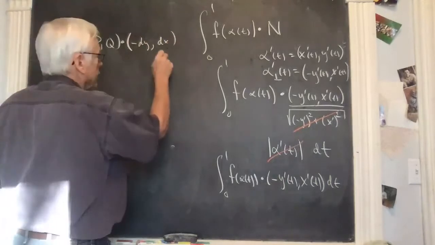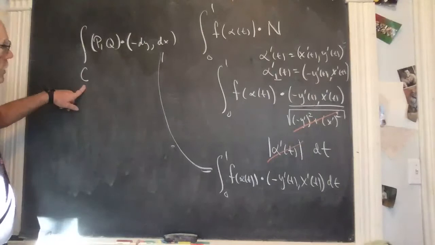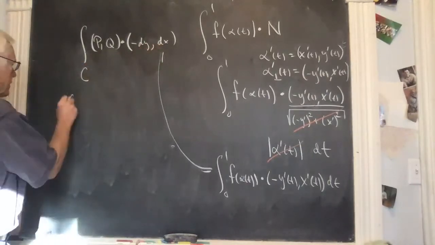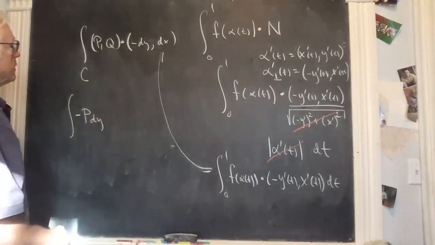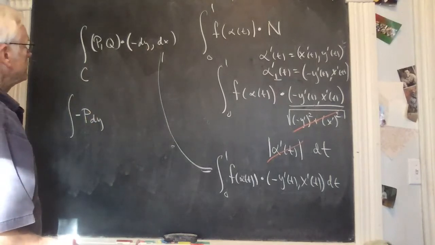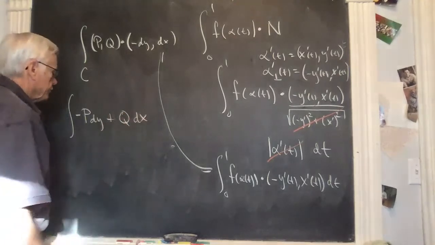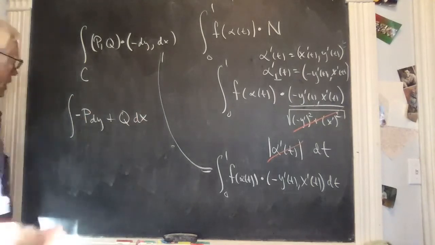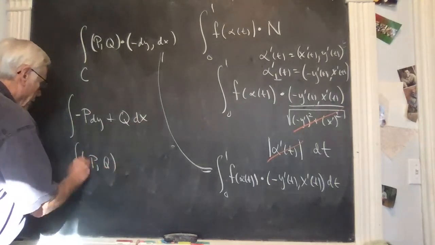This is meant to be obvious that it's equal to this, and that you need to parameterize c to make use of these things. So this is minus p dy plus q dx.